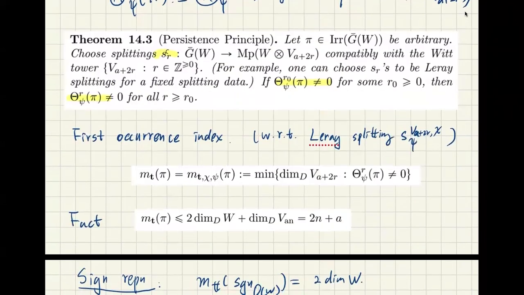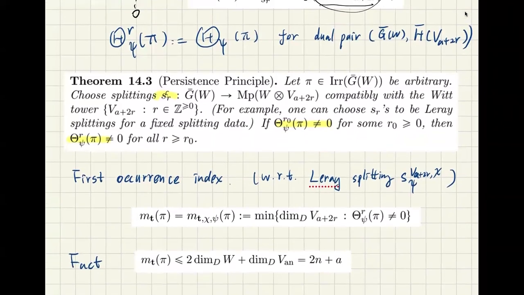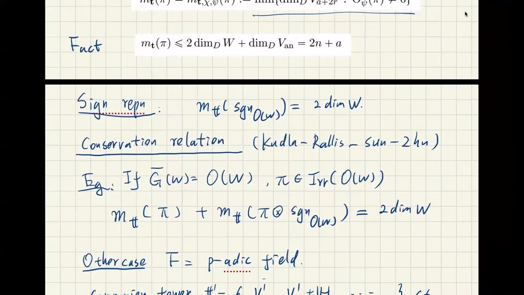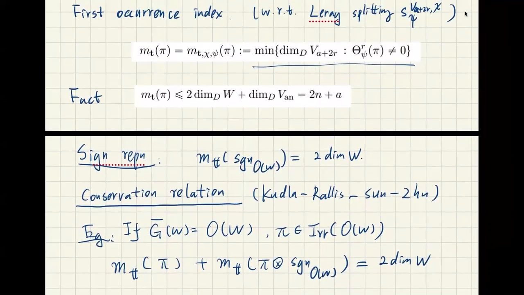So it is fair to define the first occurrence index. It is just the minimal dimension of the space such that the theta lift is non-zero. Let me give the last line about the conservation relation.